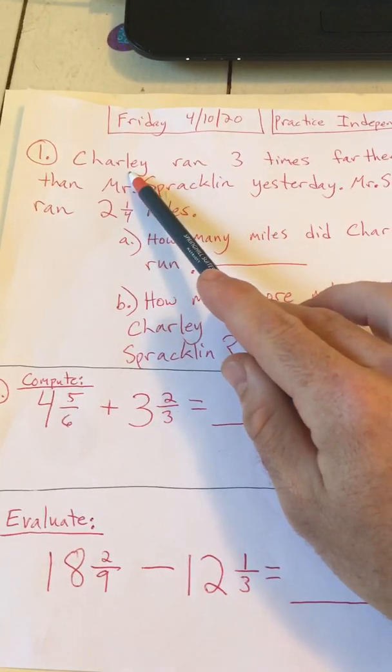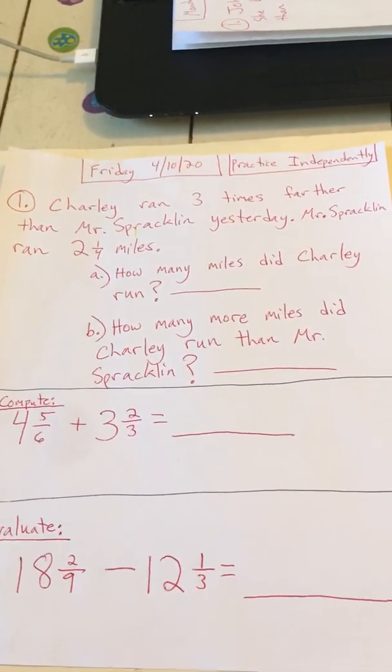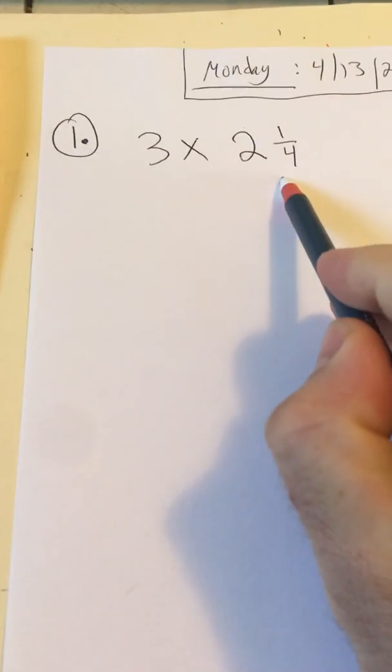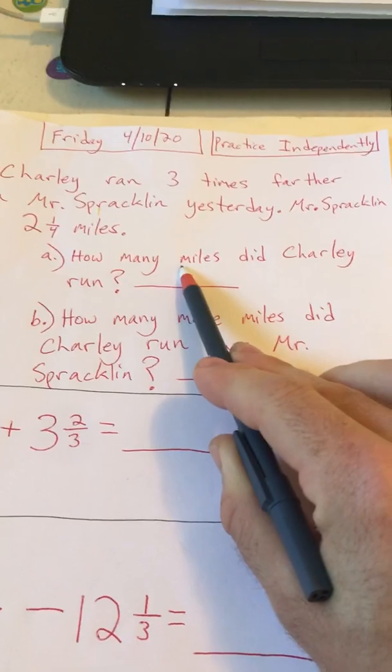So I'll start again. Charlie ran 3 times farther than Mr. Spracklin. So 3 times further than me. Mr. Spracklin ran 2 1/4 miles. So if he ran 3 times further, then we have to do 2 1/4 miles times 3, and that'll tell us how many miles Charlie ran. Okay?